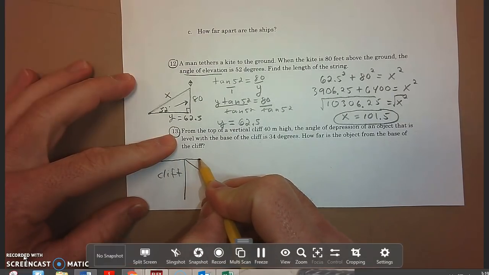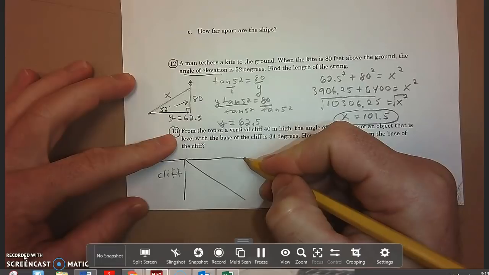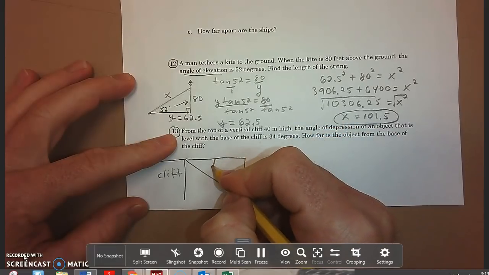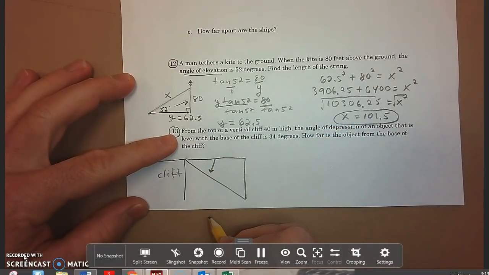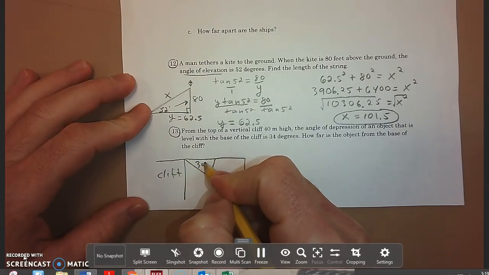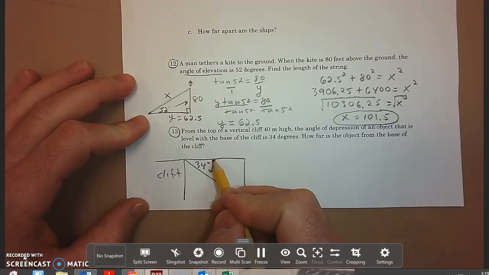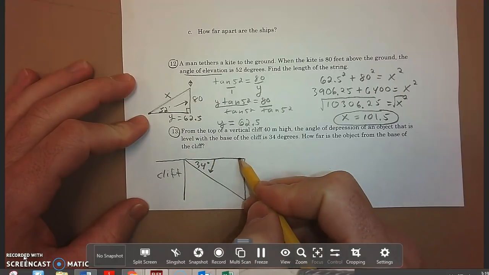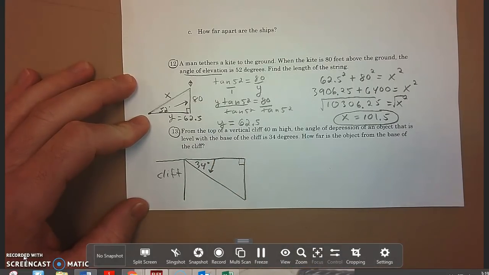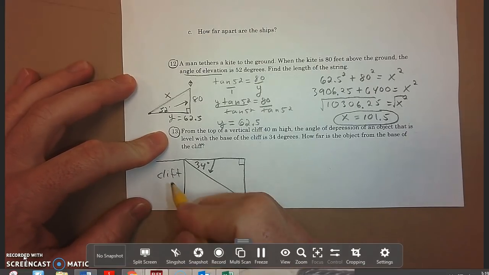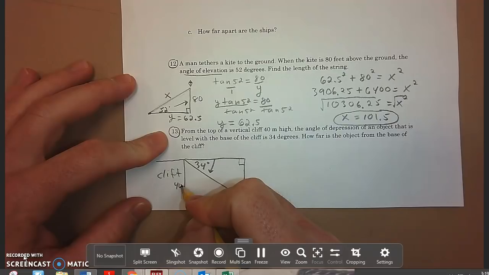Remember, angle of depression has to come down from a horizontal line. So my angle of depression would be right here, 34 degrees. We're looking down, and the angle of depression goes down from a horizontal line. All right, my right angle is going to go there. It tells us that the cliff is 40 meters high, so this leg over here is 40 meters.